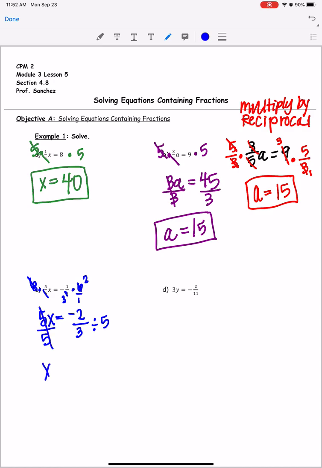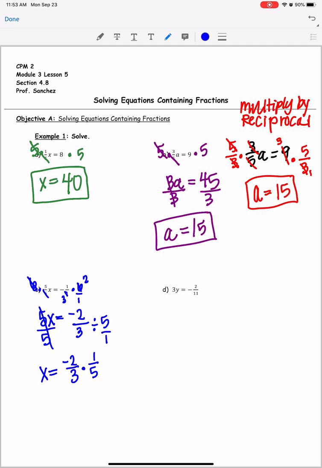My 5's cancel. This one, however, because we have a fraction, now I need to use my division rules. So if I put this over 1, to divide fractions, you got to use your keep, change, flip. Keep the first fraction, change your division to multiplication, and then flip this, which just means the reciprocal.